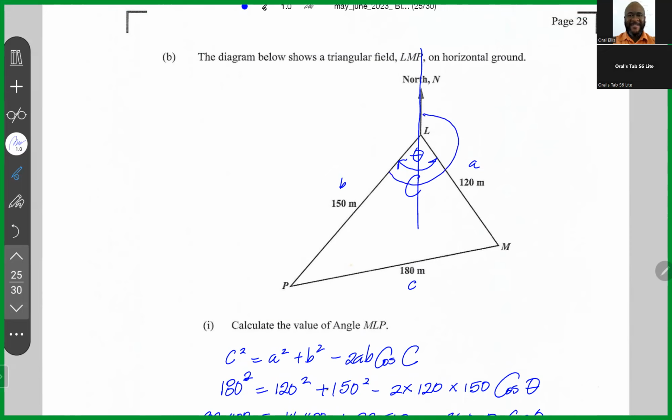So that angle there represents the bearing of P from L. We can clearly see that it is more than 180 degrees. All right, how are we going to find it?